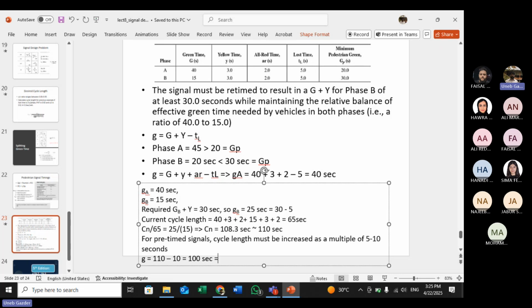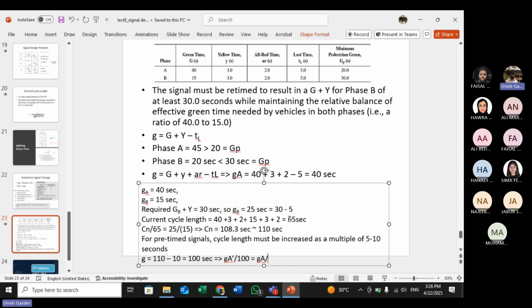Now for phase A, the new time of phase A upon the new total equals the old time of phase A divided by the old total.